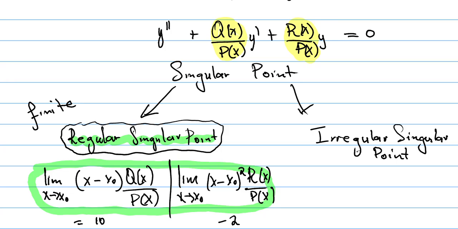These are finite. If you get infinite, it means infinite. I just wanted to give clarity on those things, infinite or finite. So for a regular point, you should get a finite result for both of these limits.